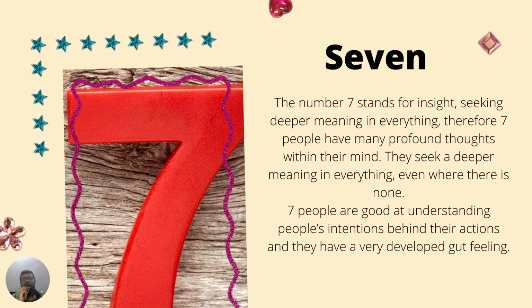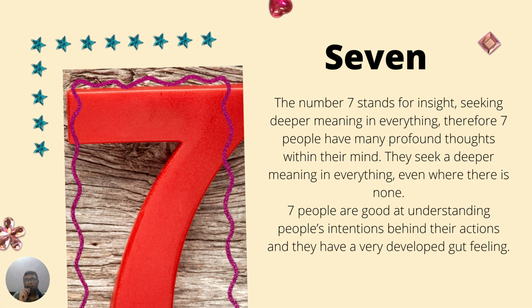Next we have number 7. See, 7 is a mystical number. The number 7 stands for insight, seeking deeper meaning in everything. In Vedic numerology, number 7 is connected with planet Ketu, which is the south node of the moon, and it is a very mystical planet.